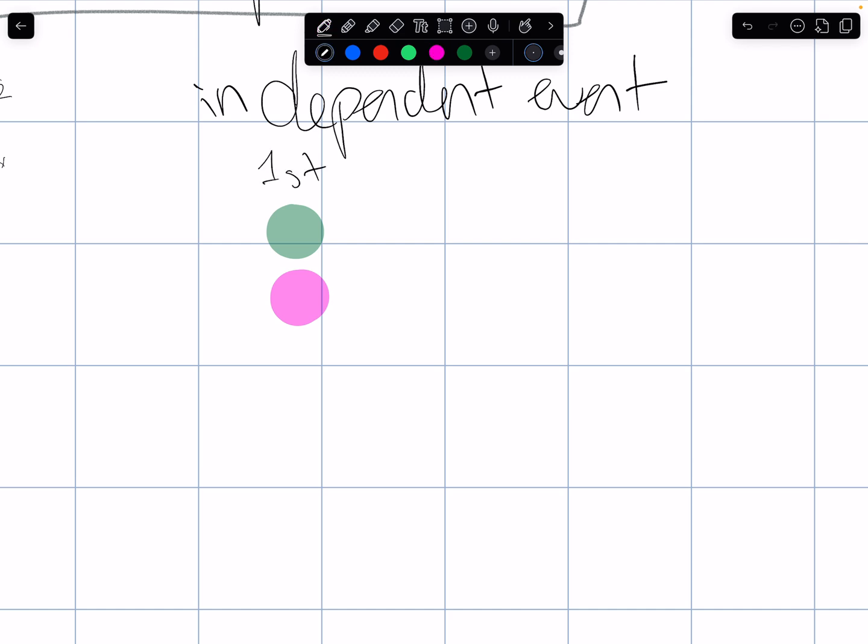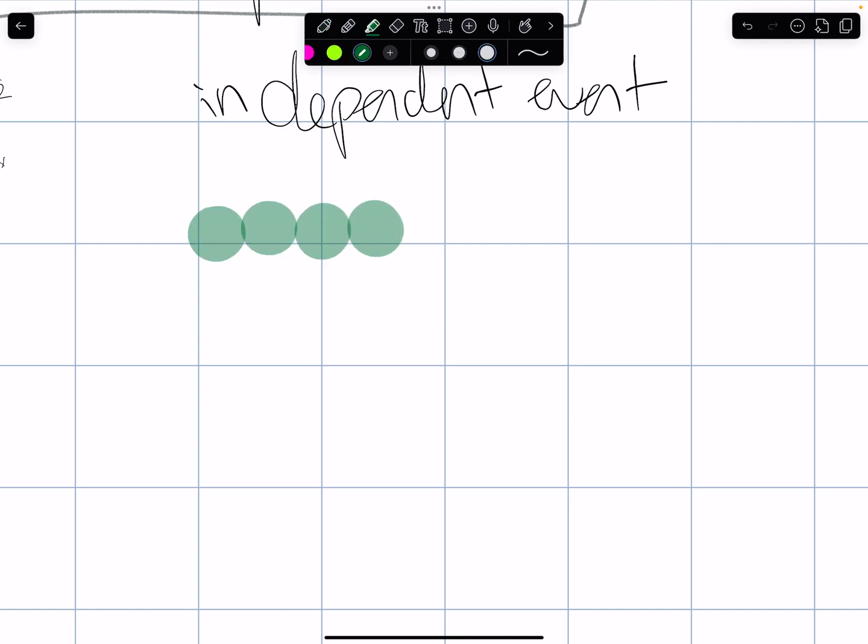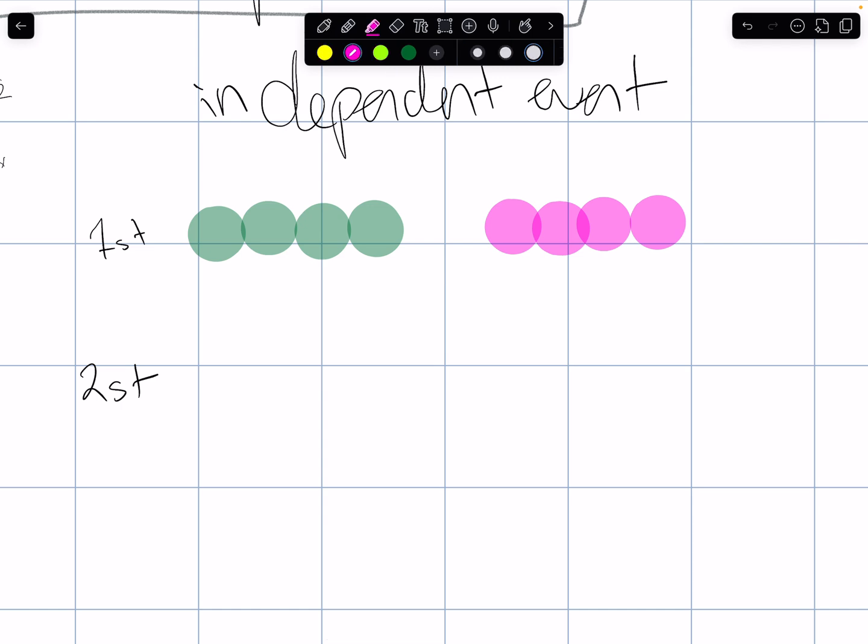Now, in fact, I can pick out of the 4 greens and the 4 pinks in my first pick. Now, in my second, because I'm putting them back, I'm still picking out of either 4 greens or 4 pinks, right?